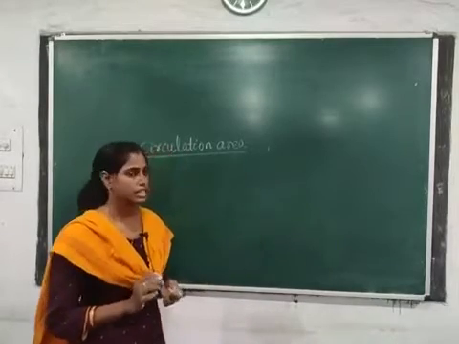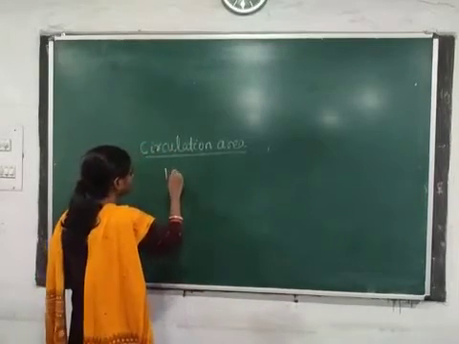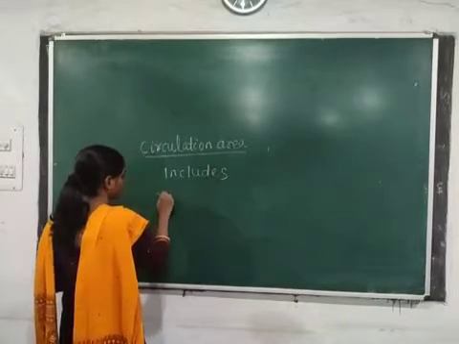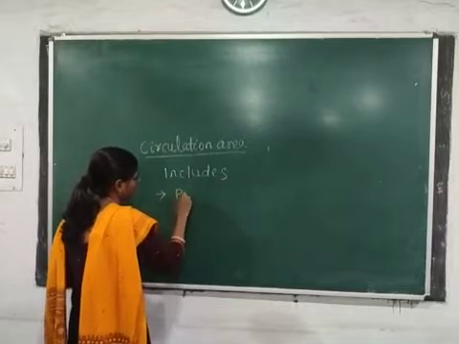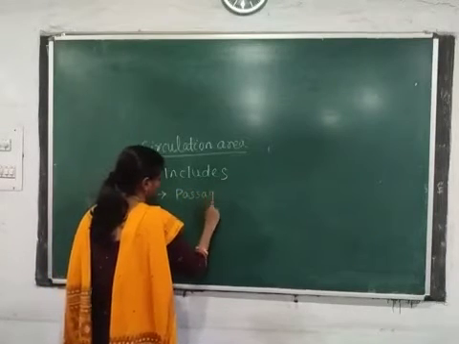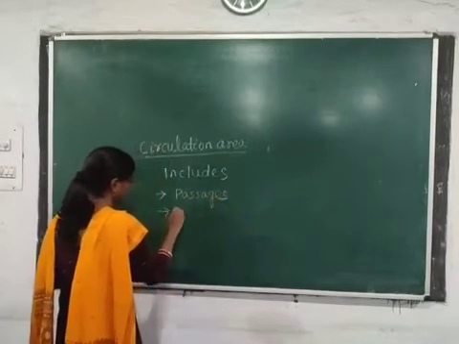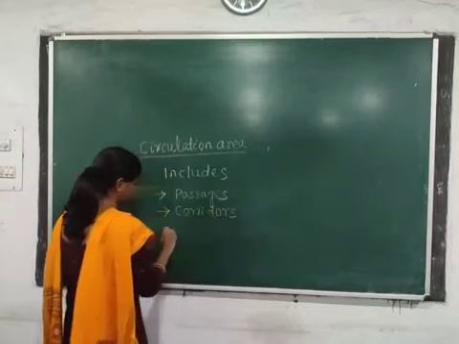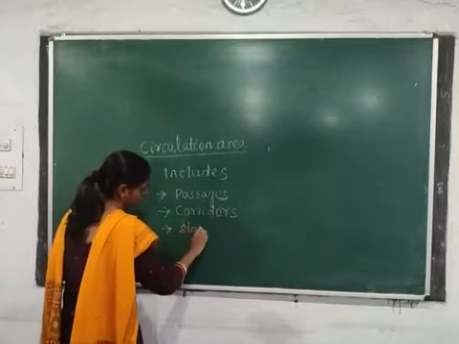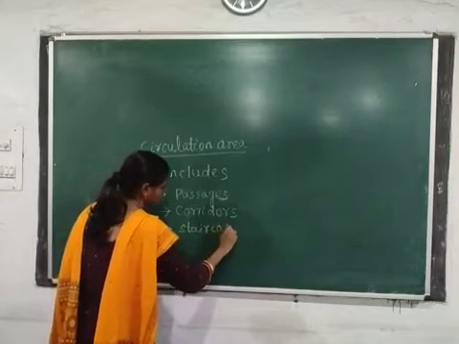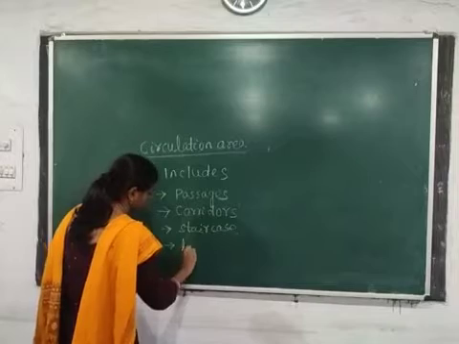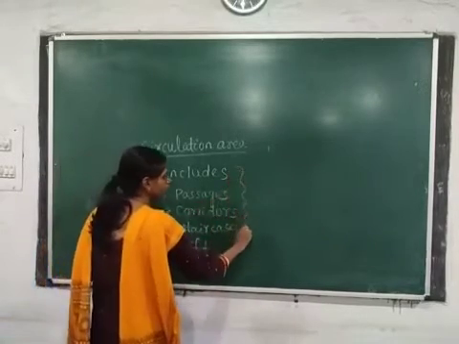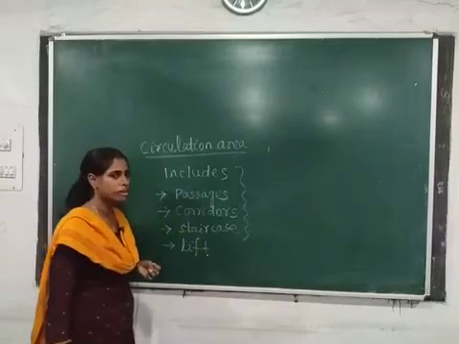So, circulation area includes area of passages, corridors, staircase and lift, which are generally used by the persons for movement.